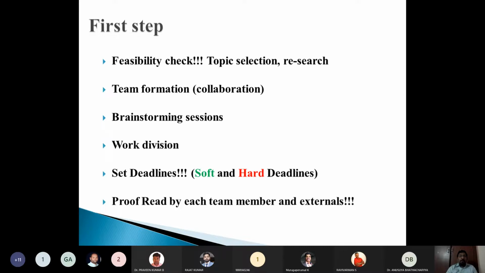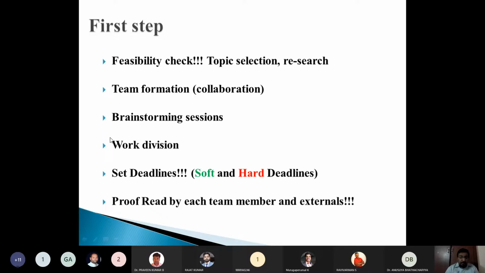And always remember that the first reader would be your reviewer. So I need to put my exact thought process in the paper in the form of a particular architecture so that the reviewer can exactly understand what I am trying to convey.